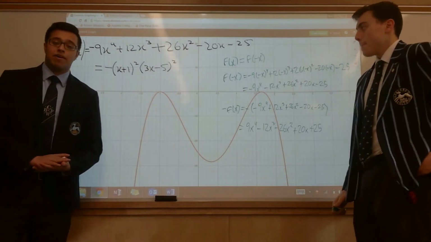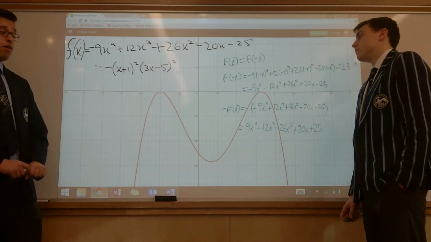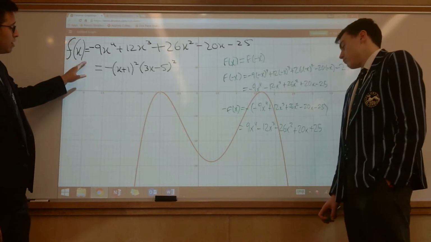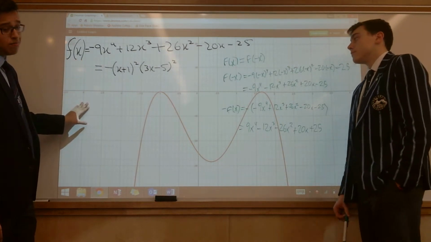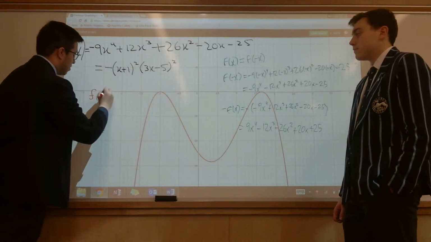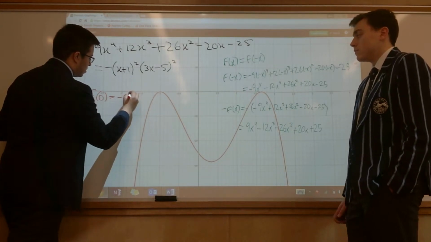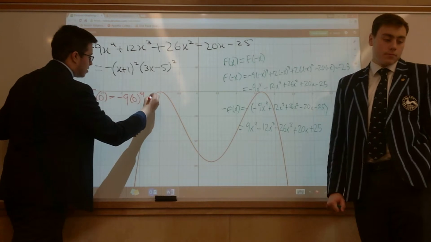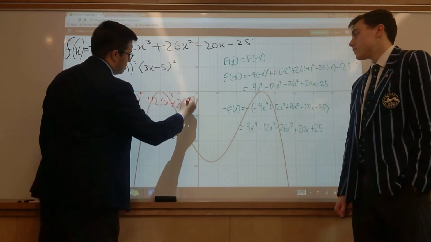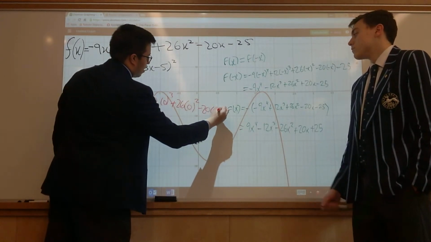All right, now we will talk about the x and y intercepts of this function. First we'll start off with the y-intercept, just because that's fairly simple. The way you do it is you set x to 0 and solve. So, f of 0 equals minus 9 times 0 to the power of 4 plus 12 times 0 to the power of 3 plus 26 times 0 to the power of 2 minus 20 times 0 minus 25.